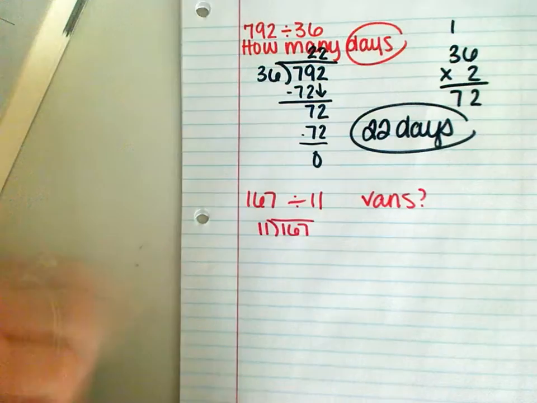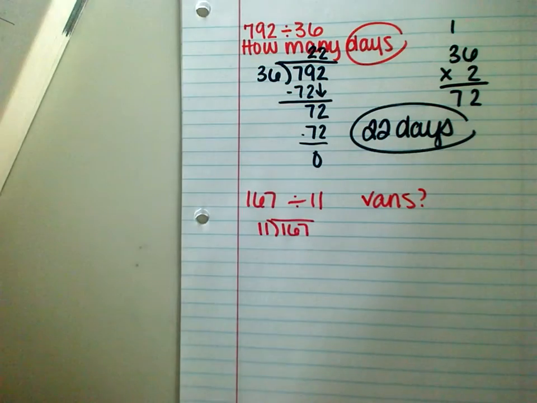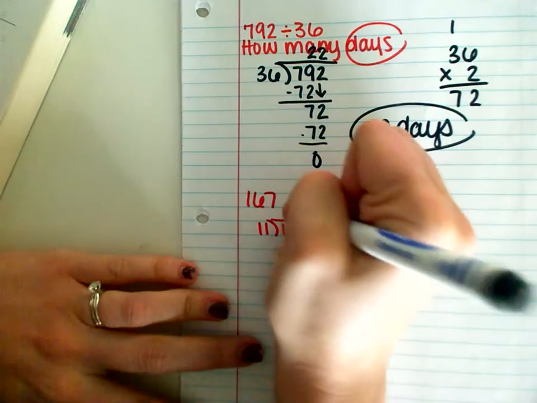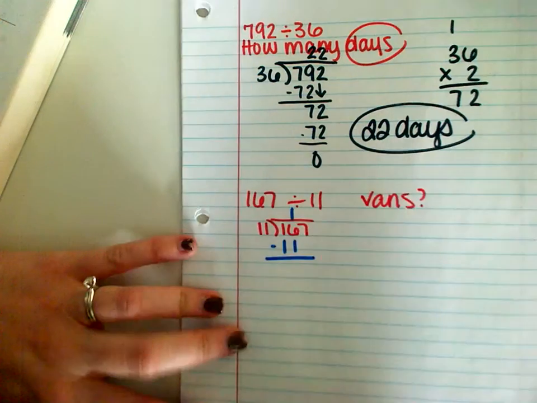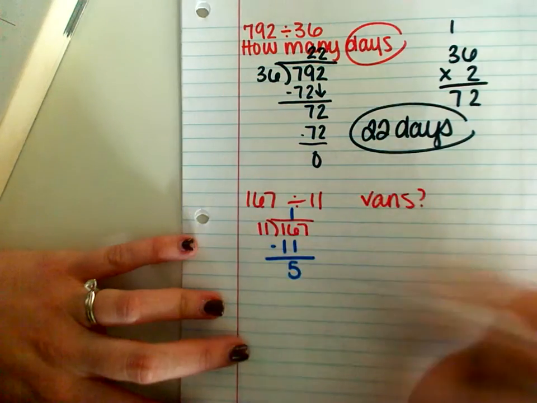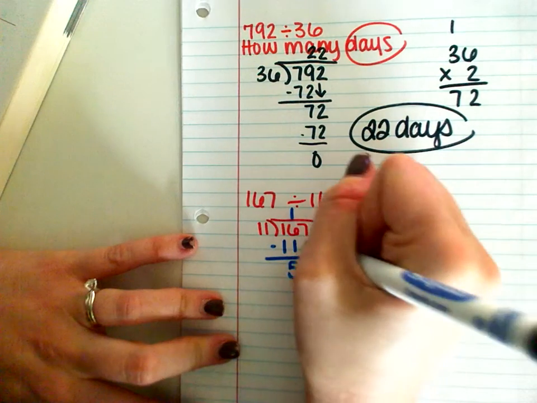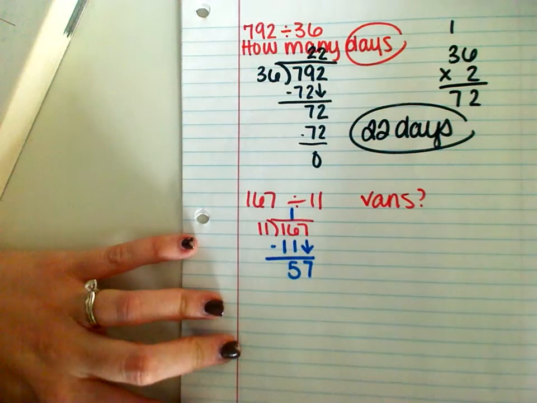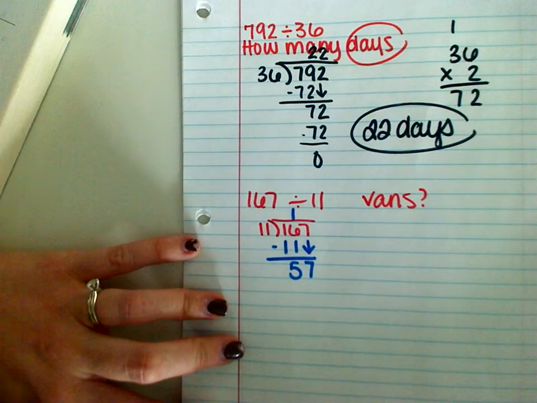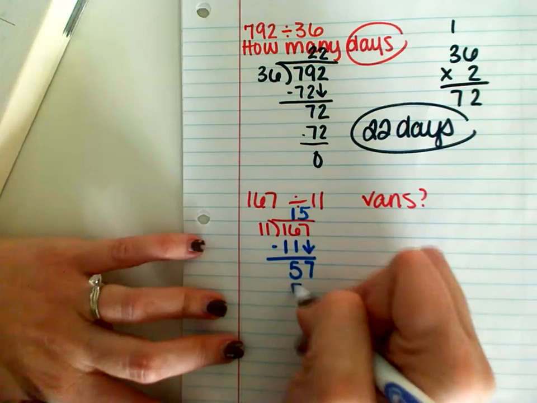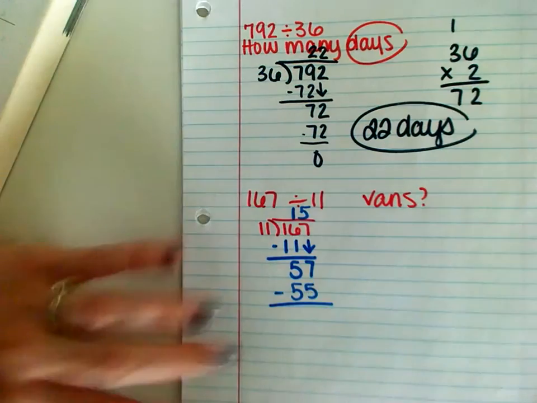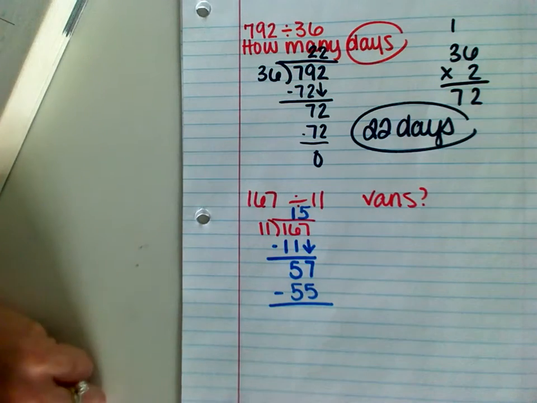167 divided by 11. How many times does 11 go into 16? Once. 1 times 11 is? 11. 16 minus 11 is? 5. Next step. Bring down. 11 goes into 57. 5 times. 5 times 11? 55. 57 minus 55? 2.